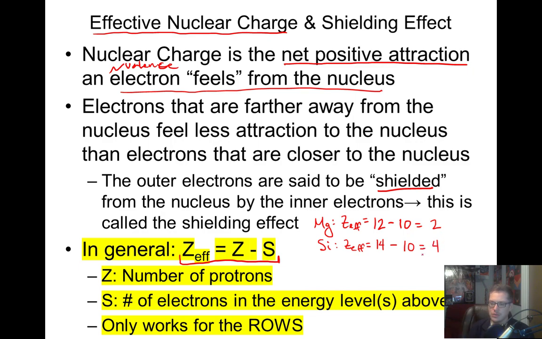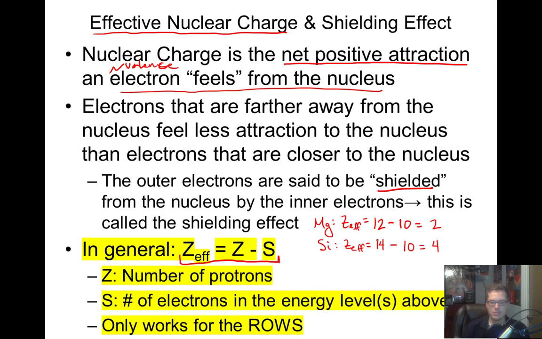Now you can kind of see, as long as you stay in the same row, your numbers are just going to increase by 1 as you go from left to right. So as you go from left to right, your Z effective goes up. Sodium is 1, magnesium is 2, as we just calculated, aluminum would be 3, silicon's 4, phosphorus is 5, etc. So as you go left to right, your Z effective goes up.